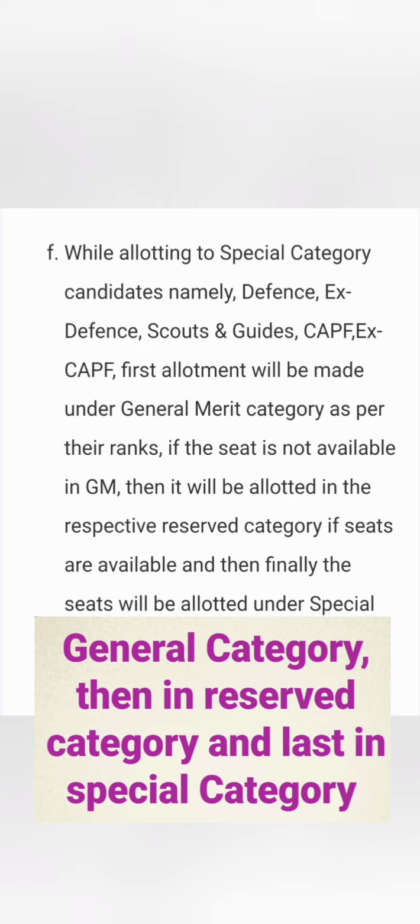Then it will check for the reserve category seats, that is SC, ST, OBC. So this defense personnel can be SC or ST or OBC also. So after general merit checking, it will check for SC, ST. If they are SC, ST, then they will be allotted a seat in that category. If they are not allotted a seat in the SC, ST category also, then it will check for the special category of ex-defense people or present defense people, right?